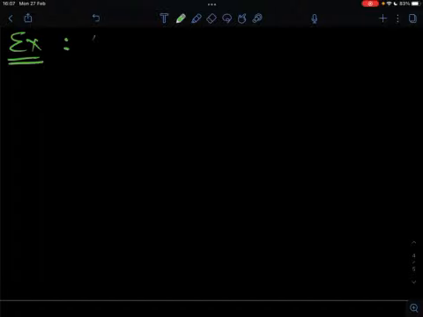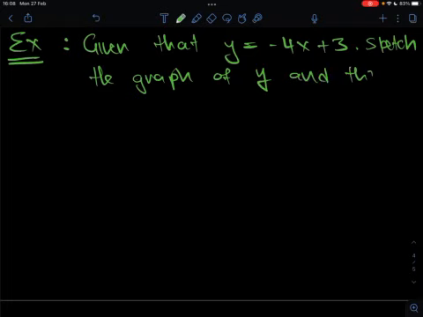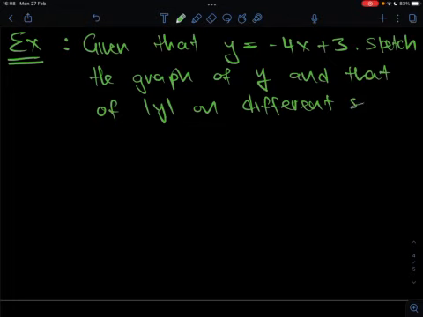Given that y is equal to minus 4x plus 3, sketch the graph of y and that of the absolute value of y on different sets of x's.